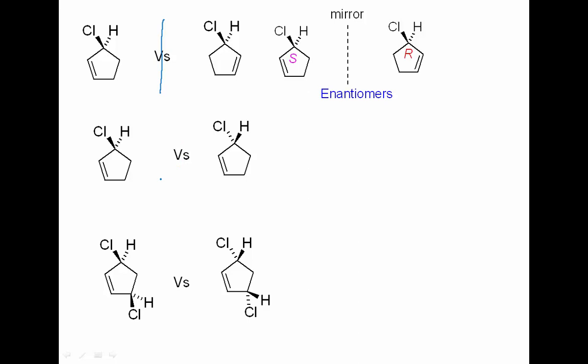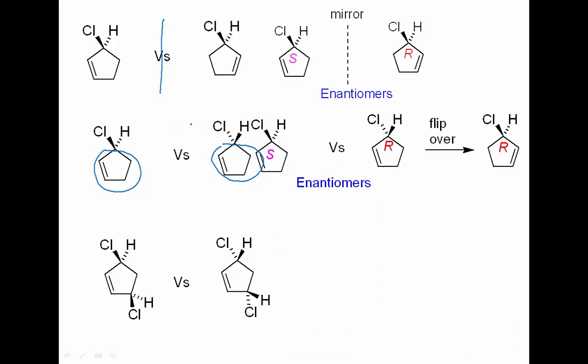But what you can see is that they have exactly the same perspective of the cyclopentene ring, but they have the opposite configuration at their only chiral center. Therefore, they would clearly be enantiomers. One would be S, one would be R. And if we just flip this one over, they would look exactly like the previous problem.